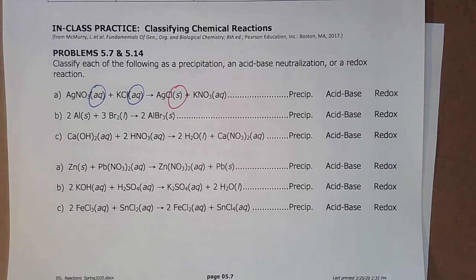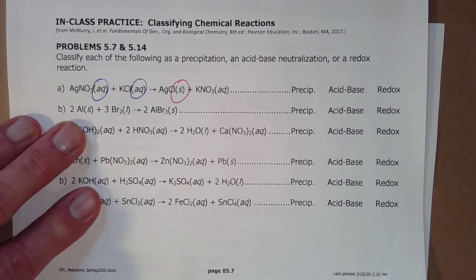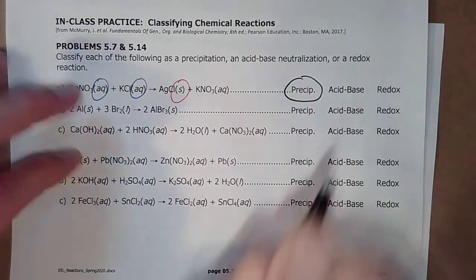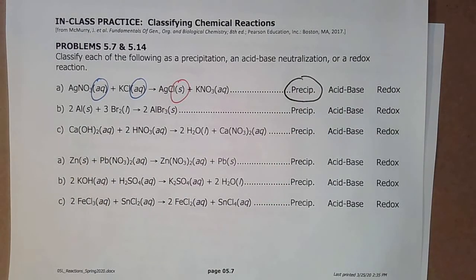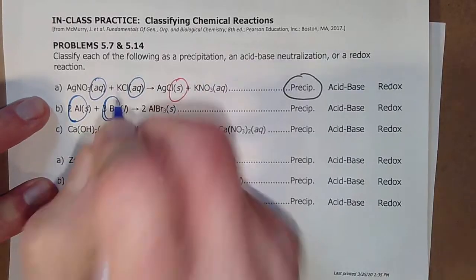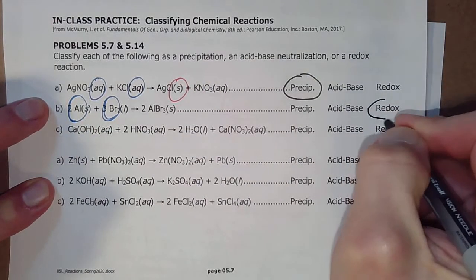Okay, nice work. You're back. So aqueous, aqueous, at least one solid. That's kind of the easy one. Precipitation. Easy to recognize. Maybe kind of easy to recognize. The next one I see an element by itself. Immediately I know redox.